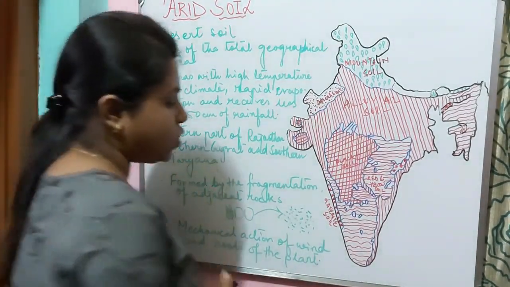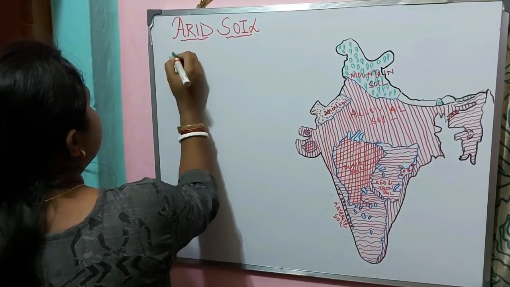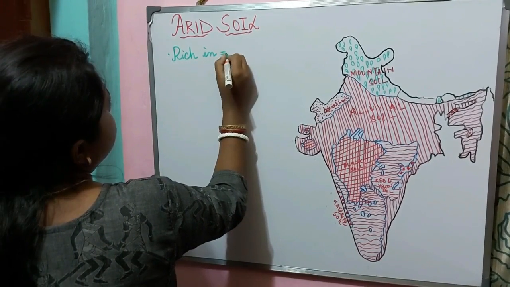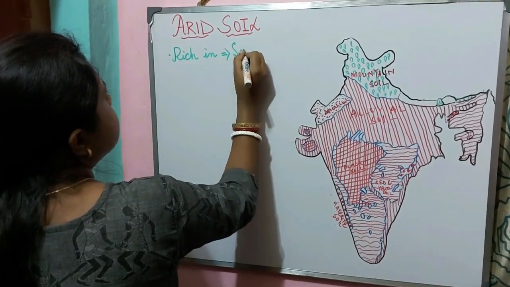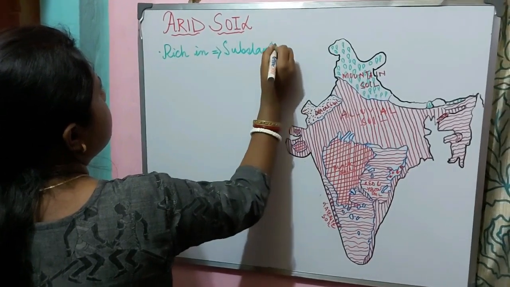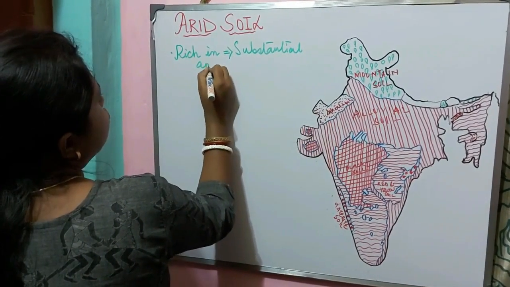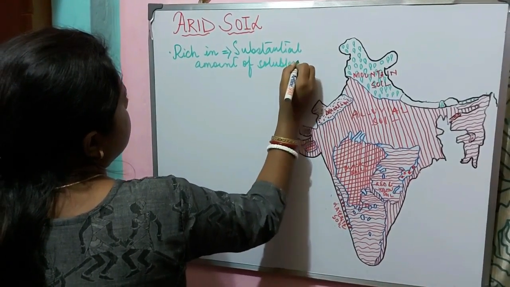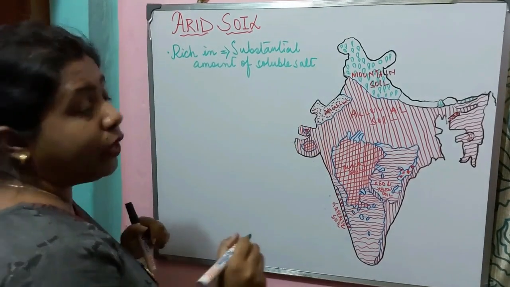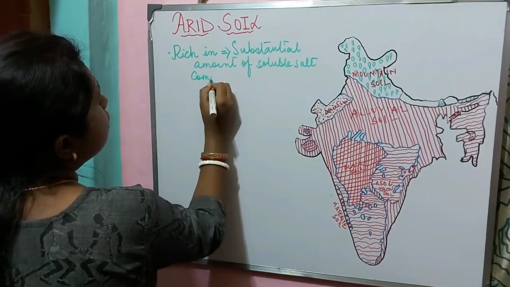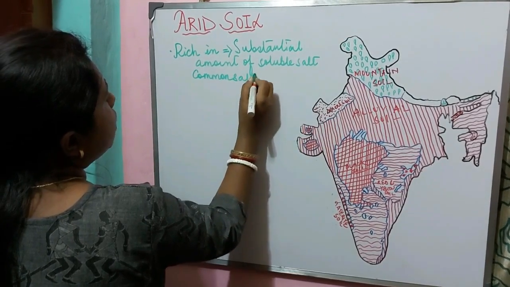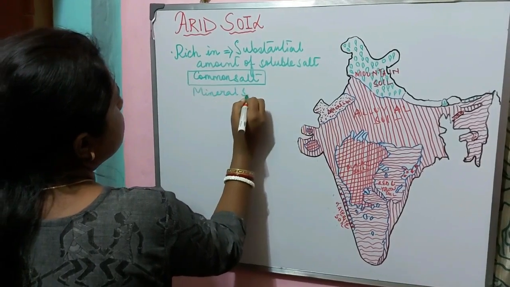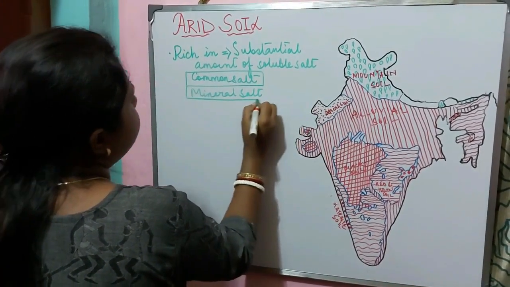Now let us know the next features. Soils are rich in a substantial amount of soluble salt. We can actually obtain common salt from here and also mineral salt, because the rate of evaporation is very high here.